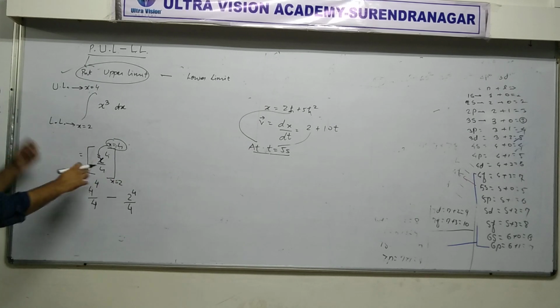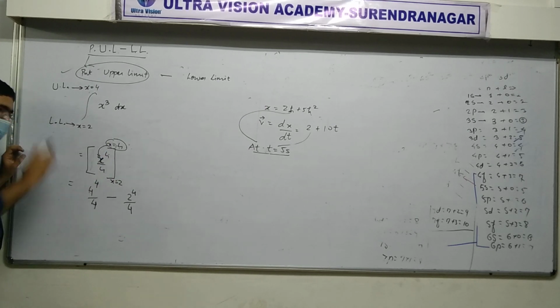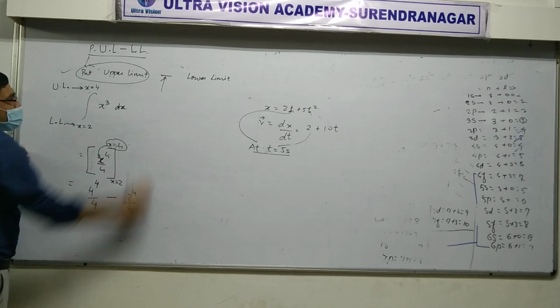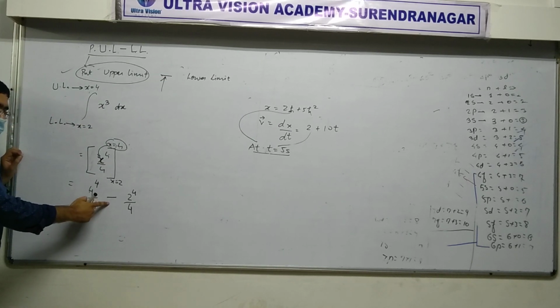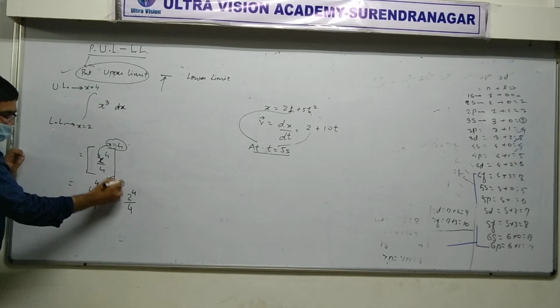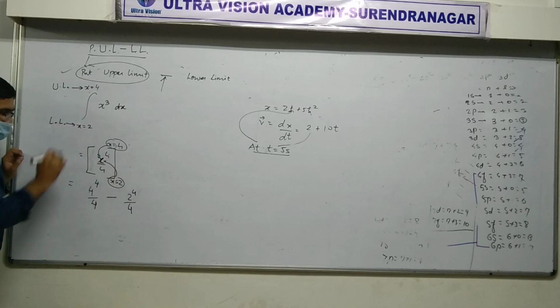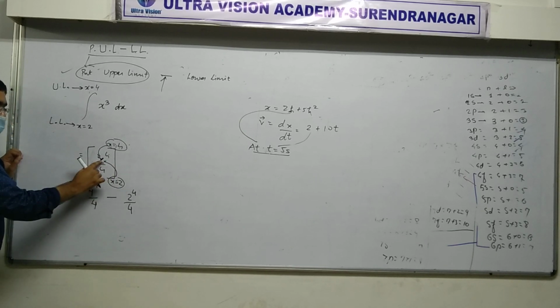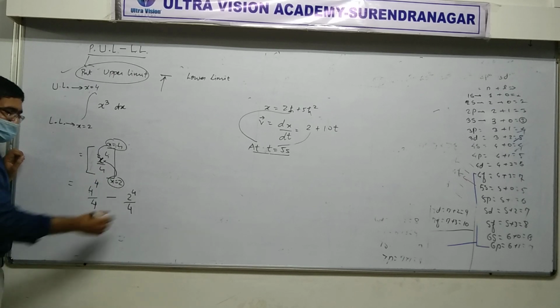So in this whole bracket we are going to put the value of x, that's 4. Then compulsorily you put this minus 5. Done. Then you go to the lower limit and put it where x is placed: 2 raised to 4 upon 4. Understood? Finally, you can do the math.